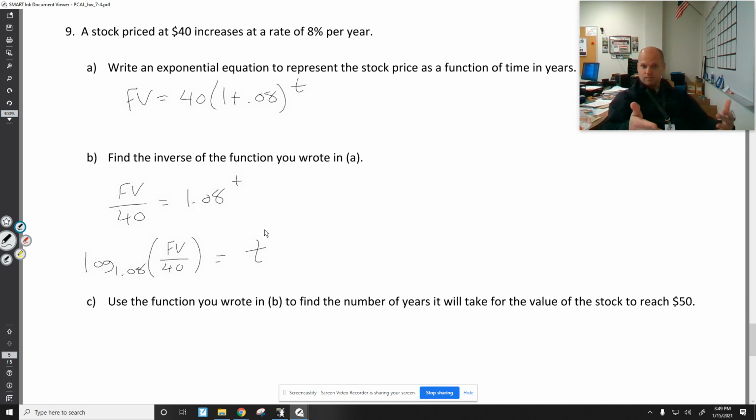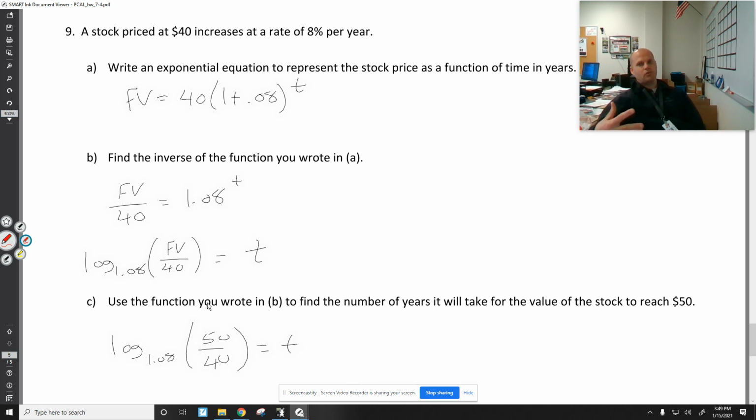Use the function we wrote in B to find the number of years it'll take for the stock to reach 50. So when the stock price is 50, we'll find t by plugging it into that. Honestly, in science, we always like to solve for the variable that we end up looking for.